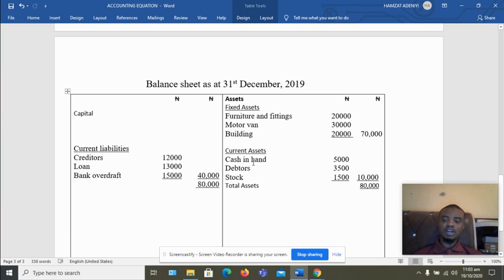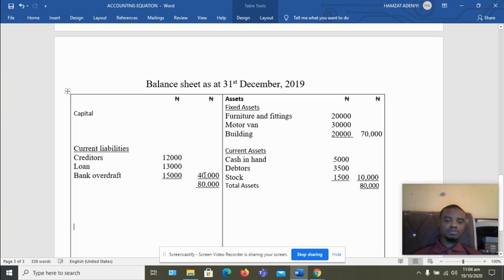Assets are what belong to the company, what the company possesses, while liabilities are what the company owes, like the debts they have outside. For example, creditors, loans they collected, and bank overdraft they collected from the business. So that is liabilities.